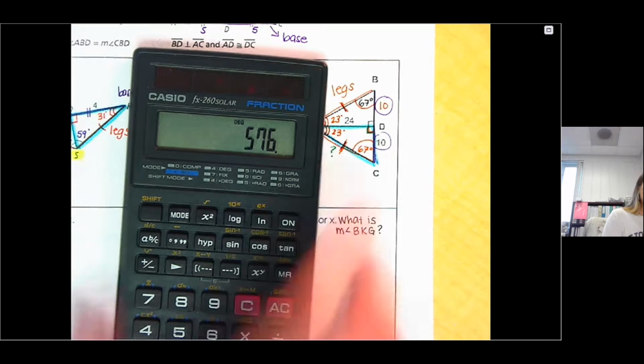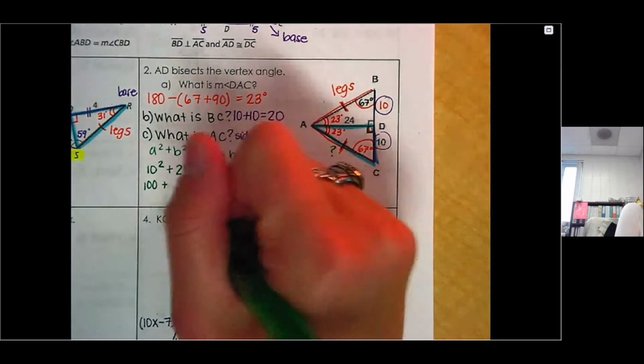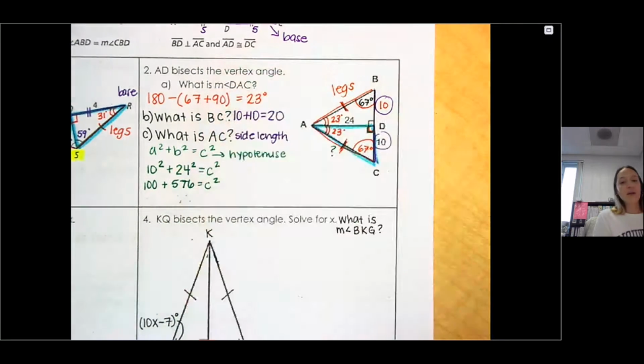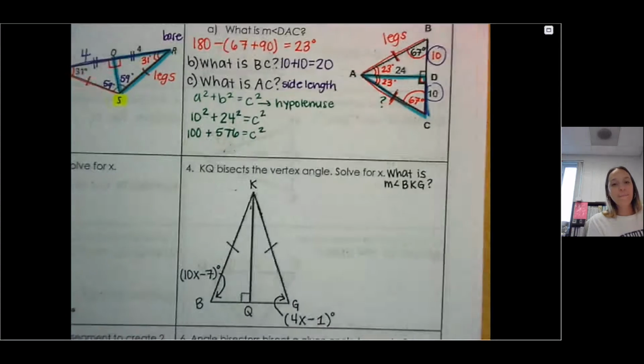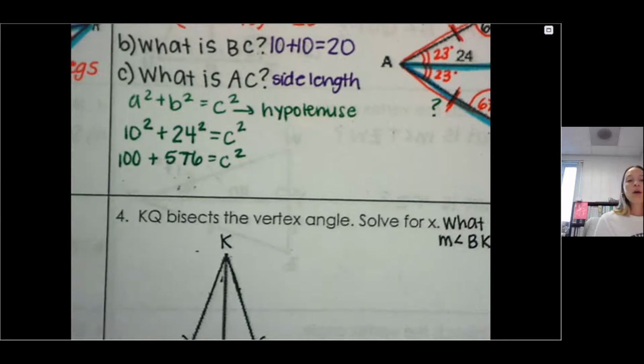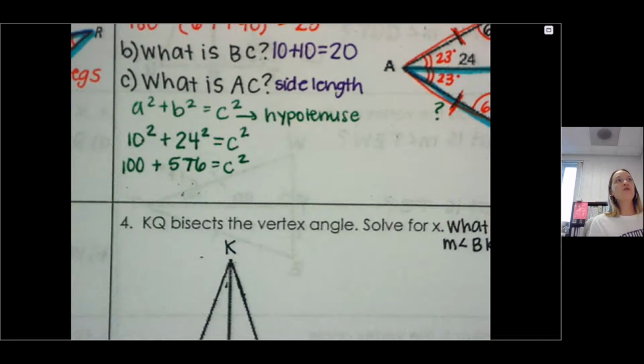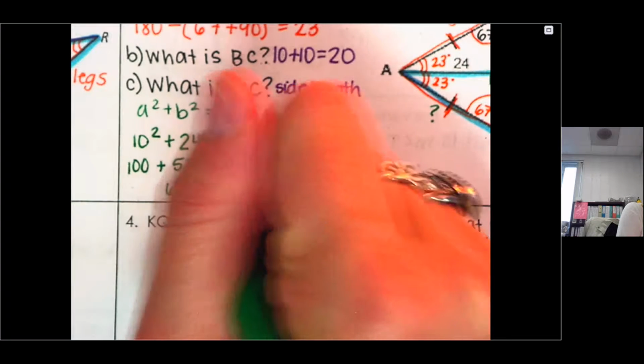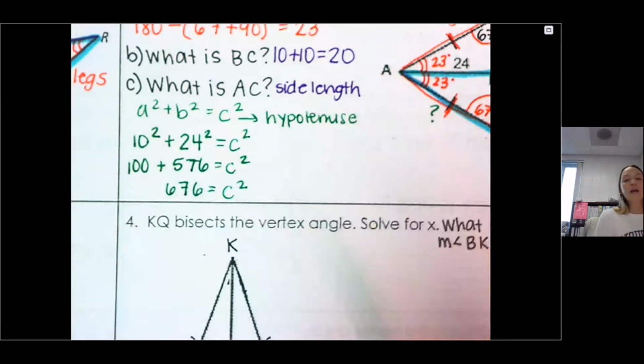All right, good. 576. And I'm running out of room. All right, very small now. Okay. Next thing we're going to do is add those two numbers together. What is 100 plus 576? 676. There you go. 676 is my C squared value.